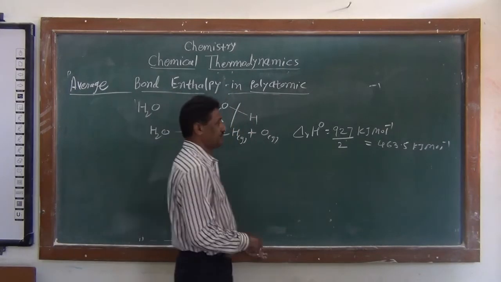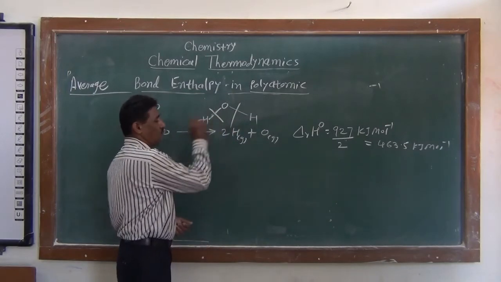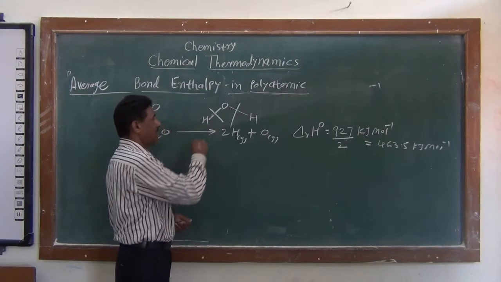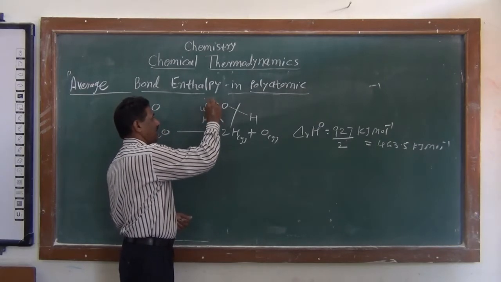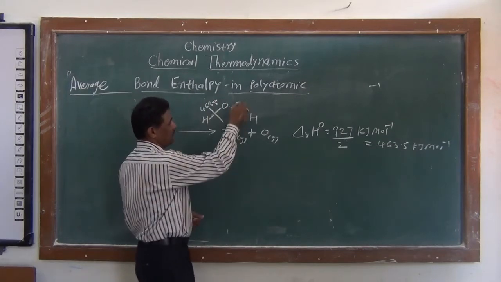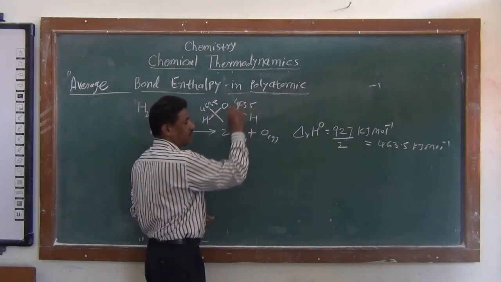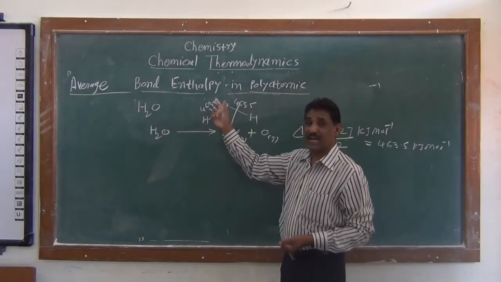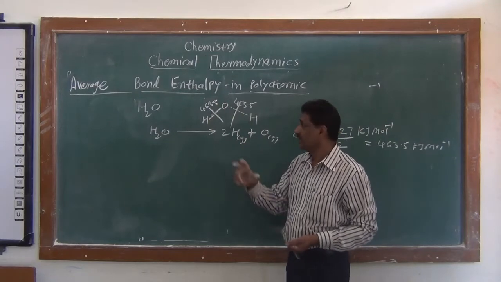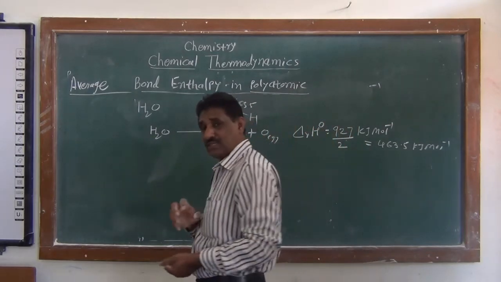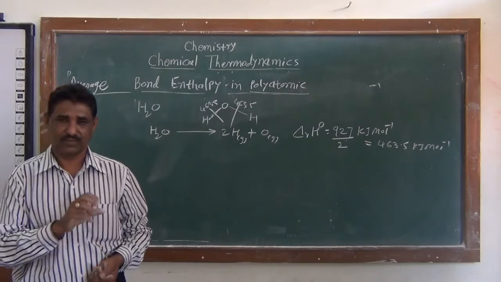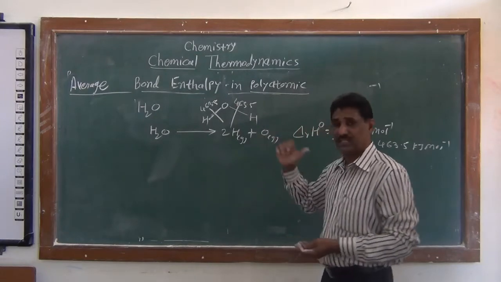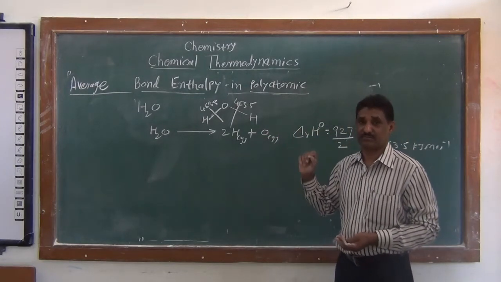But here, this is one OH bond. To break this bond, that time this energy is required. Also here, the bonds are identical, but both energies are not the same. These two OH bonds are identical, but the breaking energies of these two OH bonds are different.